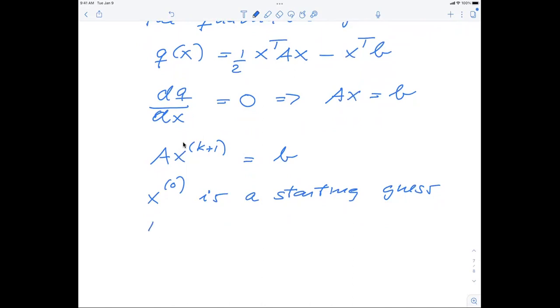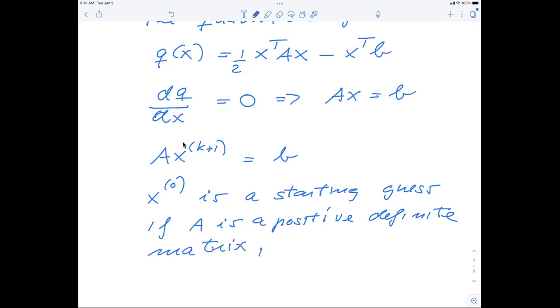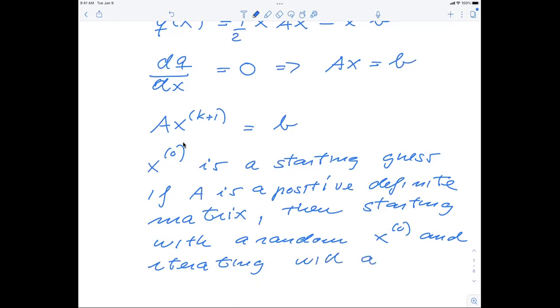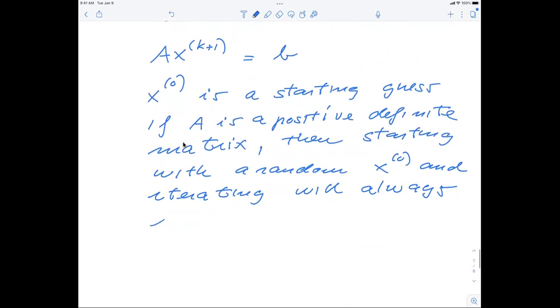But the theorem states that if A is a positive definite matrix, then starting with any starting point, a random x0, and iterating will always lead, after k iterations, to the exact value within the numerical accuracy you have chosen.